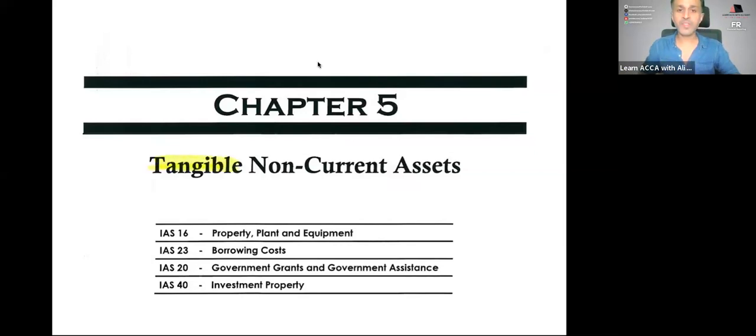The face of this chapter shows that we have got 4 reporting standards to work on, and all of these 4 reporting standards are connected to each other. So they have been categorized in the same chapter.